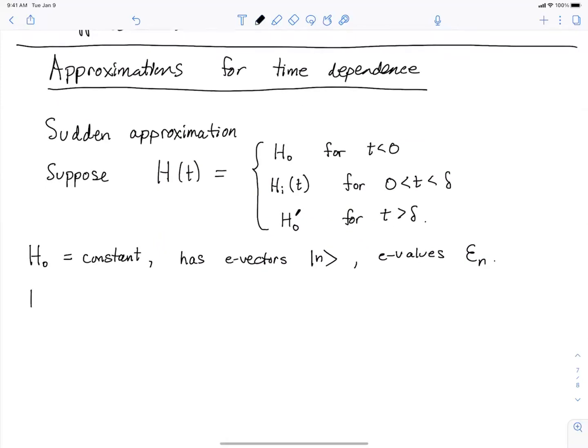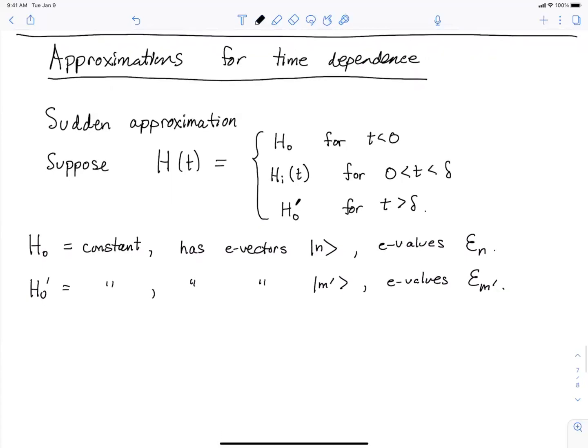Okay, and same for H0 prime, except when I say constant, I don't mean constant as in just a number. What I mean is it doesn't have a time dependence built into it, like say a cosine of time. So this has eigenvectors that I'm going to call |m'> with corresponding eigenvalues curly E sub m prime.